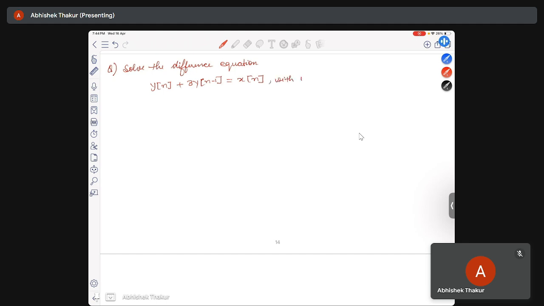Initial conditions are given: y(-1) is given as 1, and we have to determine y(n) for the input x(n) equal to 8 u(n). Okay, so let's solve this question.